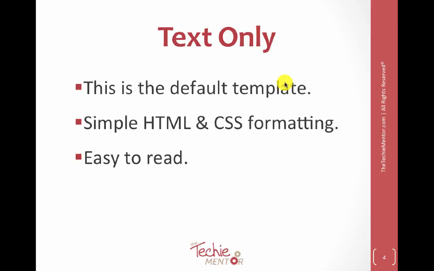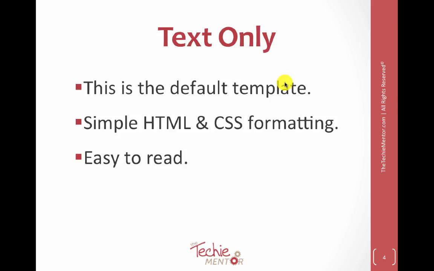Now, when it comes to the three, text only is the first option, and text only is the default template unless you tell the system otherwise. So this is the one you would start with. So if you were to go to send a broadcast, which we'll do in the next session, if you don't select a template, you will get the default, and you can choose what the default template is as well. And this is basically a simple text-based template with no bells and whistles, no colors.